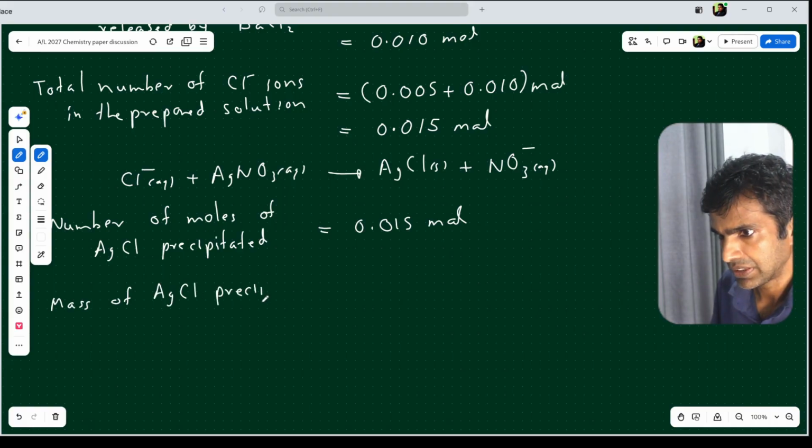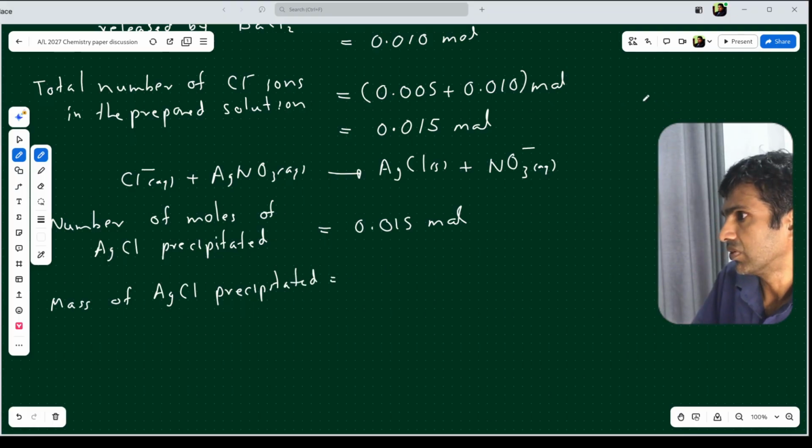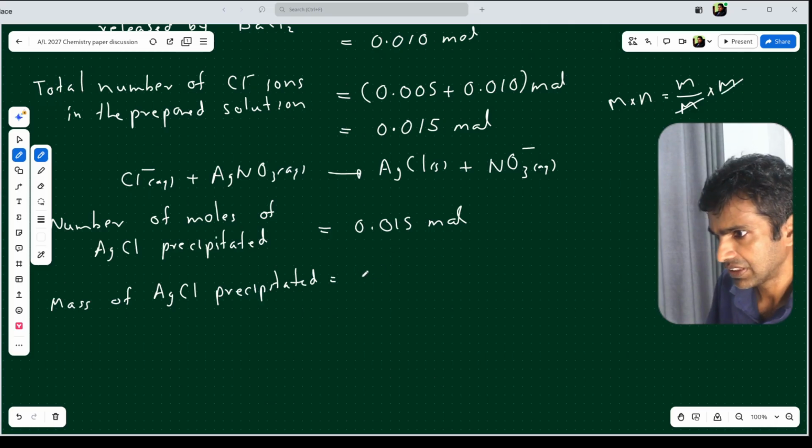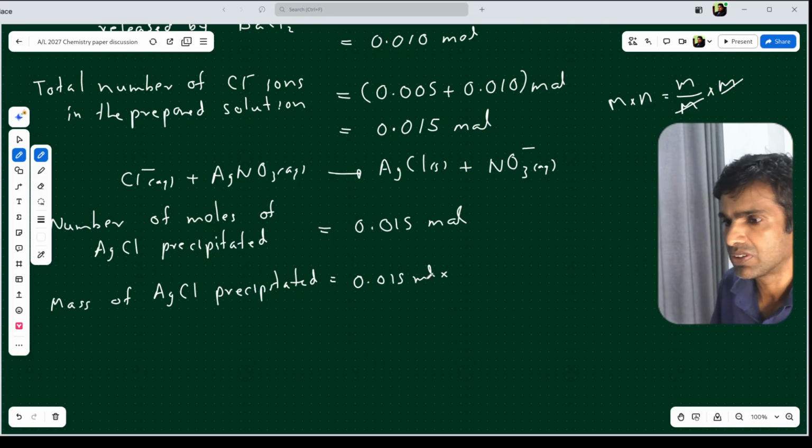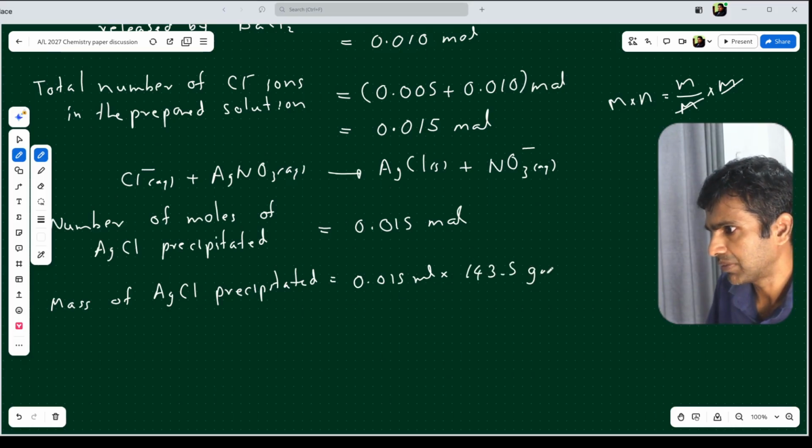We know that number of moles is mass over molar mass. We can multiply both sides by molar mass, then mass is number of moles, 0.015 moles, times the molar mass of silver chloride. Silver 108, chlorine 35.5, then 143.5 grams per mole.